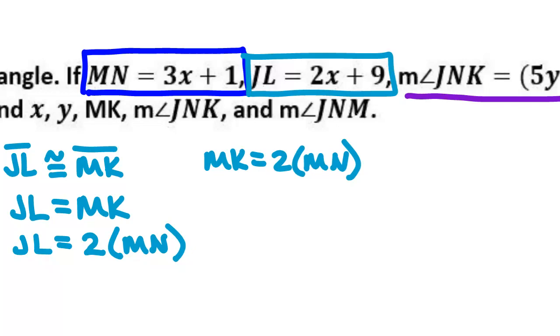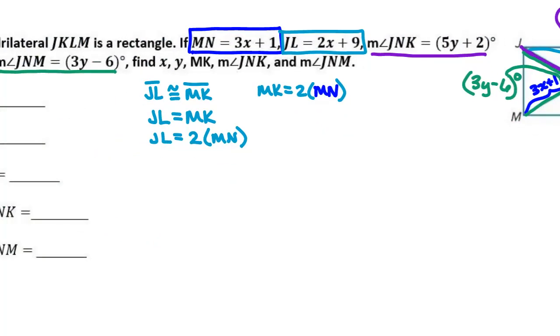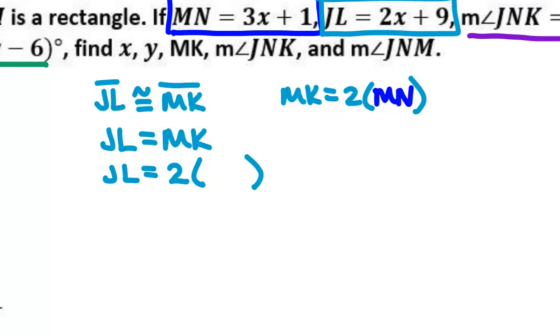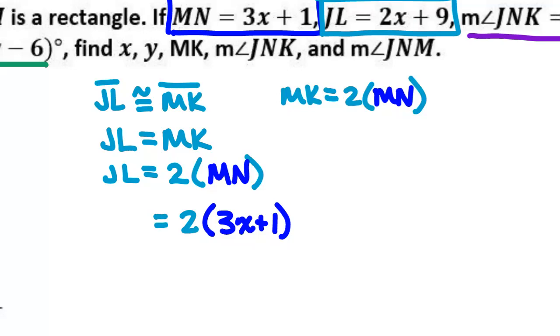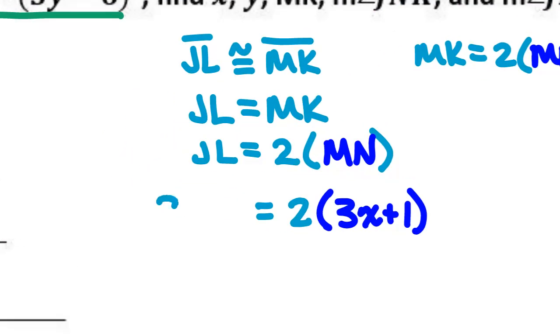So now we can substitute in. We're going to put 3x plus 1 in the place of MN. We're going to double that so that it is the size of the entire diagonal. And we're going to put 2x plus 9 in the place of JL.